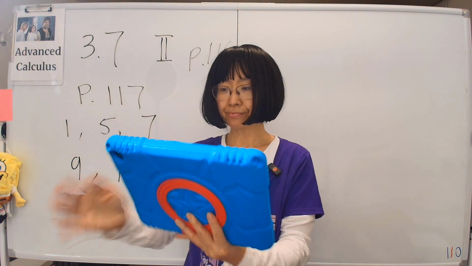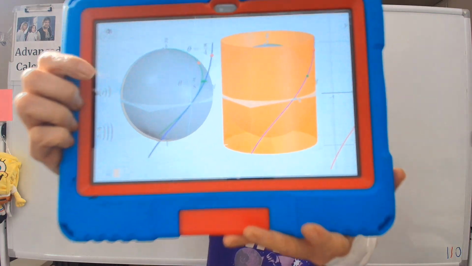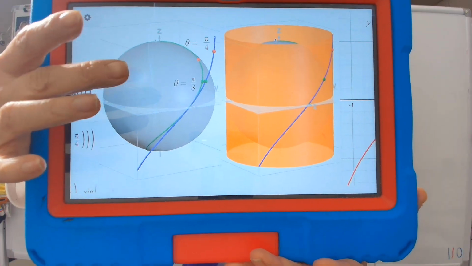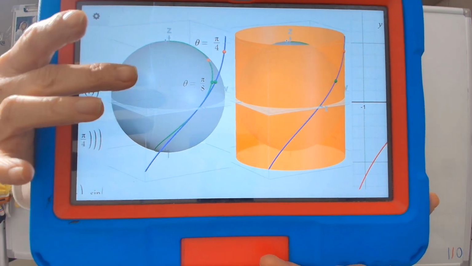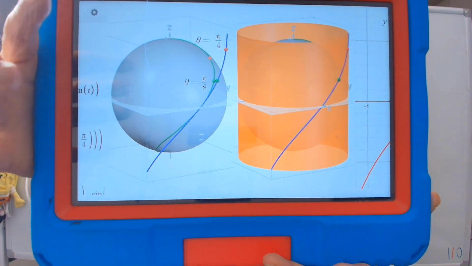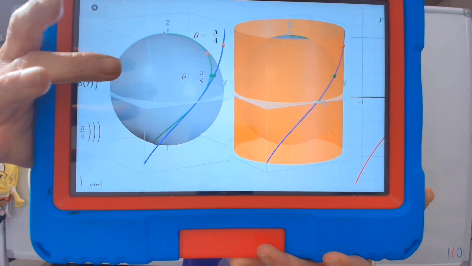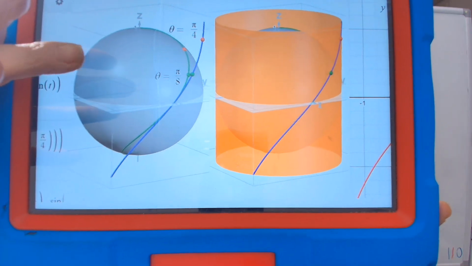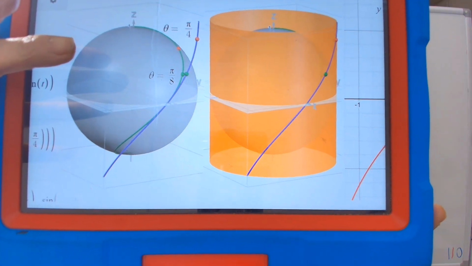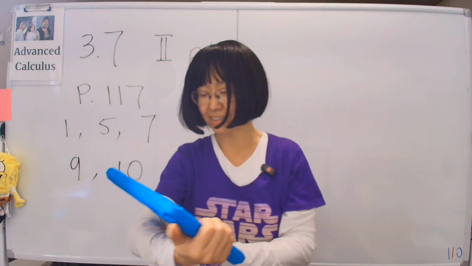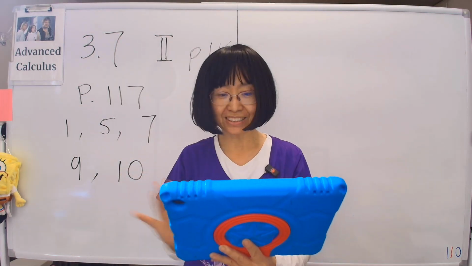I also have this plotted with the cylinder intact, so you can see it better. That purple curve really is on the cylinder. This is the exact same view, except that I clicked on the cylinder, so you can see it better, but as a result, you can't see the dot on the sphere as much. Please plot this yourself if you want to play with it, move it around and see where the dots are.